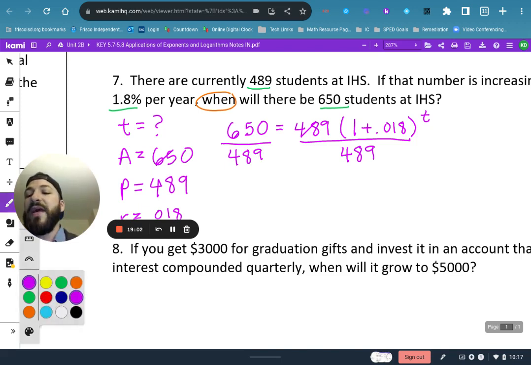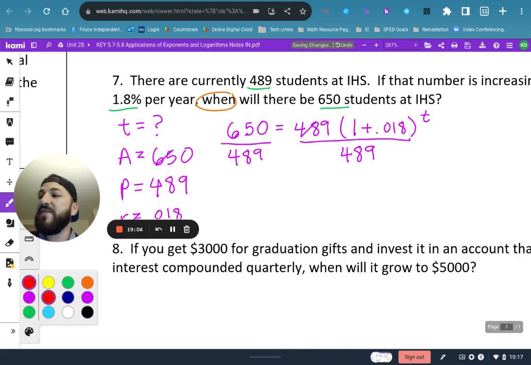And even though, yes, I could go ahead and type in 650 divided by 489 into my calculator right now, we're not going to do that because I want to wait till the very end to plug everything into the calculator, because your calculator actually rounds through every step that you do in it. So if you do everything in little small steps, you're technically rounding every time, and you could be skewing your final answer a little bit. So we're going to wait till the very end to type anything in the calculator.